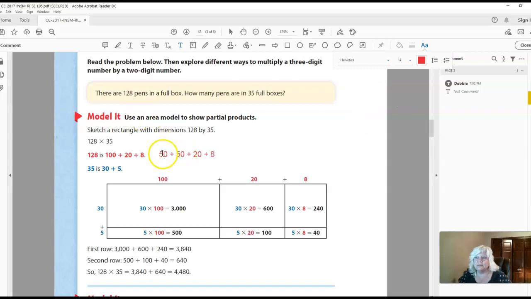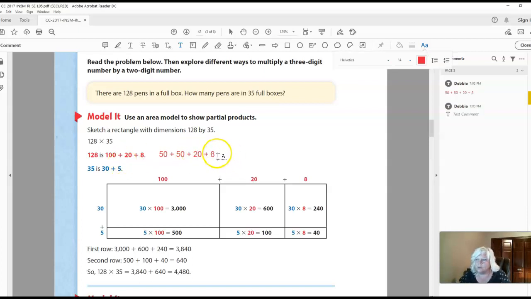I could do that same thing because 50 and 50 is 100, 120, and then 128. But we're going to do the way they want us to do. What we're actually doing is breaking that number up into smaller numbers so it's easier for us to multiply. One of the great things to do is have the zeros, because as we continue to practice, you're going to see those are really nice and easy to use.